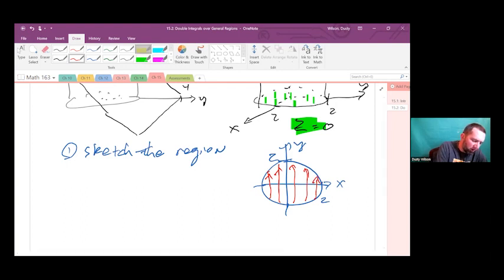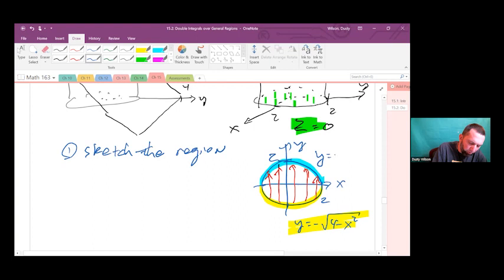The lower part of this would be where y equals negative square root of 4 minus x squared. And then the upper part would be where y equals plus square root of 4 minus x squared.